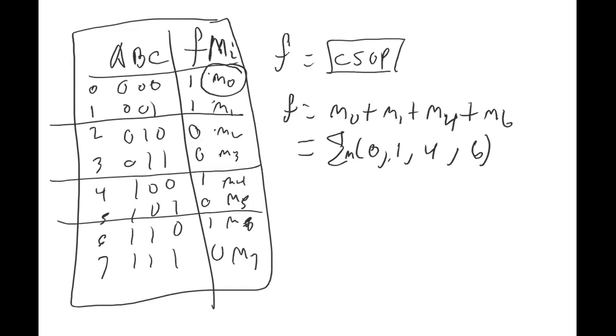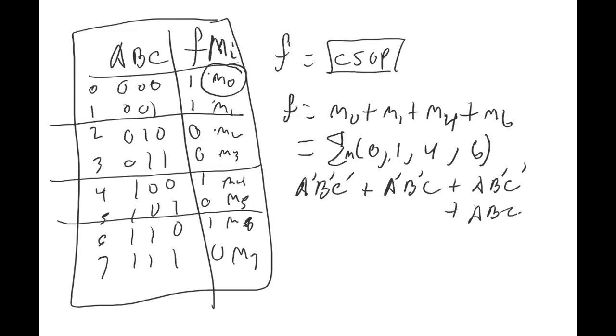Moreover, I can write it out algebraically: A'B'C', or A'B'C with only the first two variables inverted, A B'C', last two variables inverted, or ABC' with only the last variable inverted.